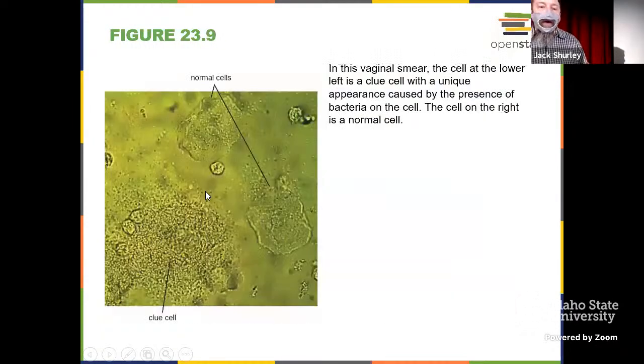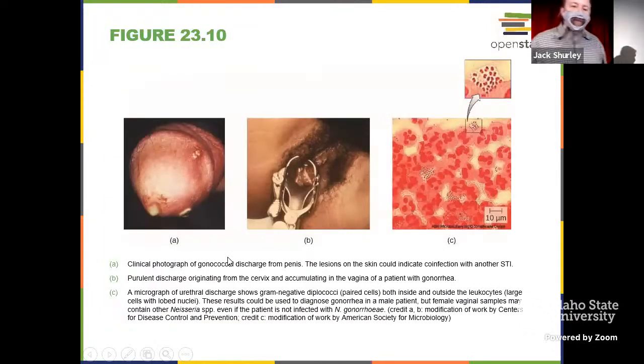So there are handfuls of potentials with this. I believe Gardnerella vaginalis is one of the main ones we think about with clue cell formation.